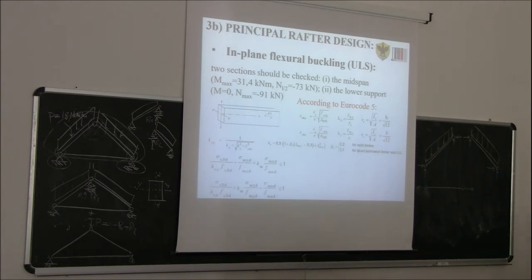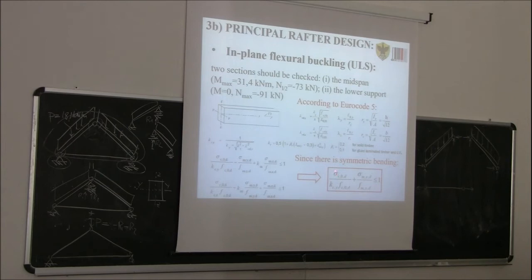But in this case, we don't have biaxial bending. In this formula you see there are the slenderness ratios, the relative slenderness ratio, the radii of gyration, and so on. So in our case, we have symmetric bending. So what we need to check is this design inequality here.